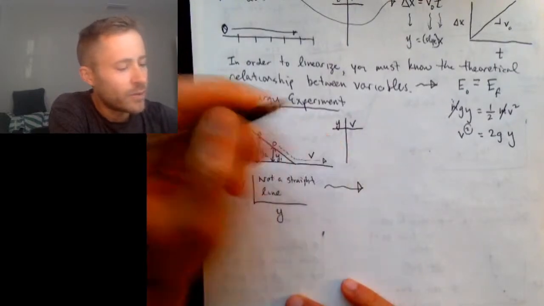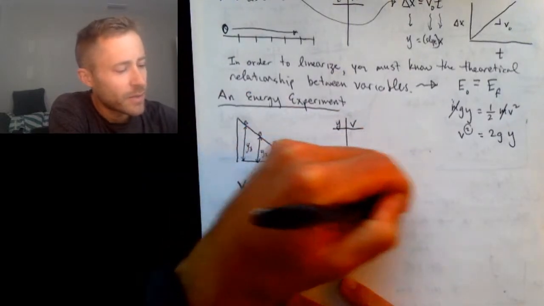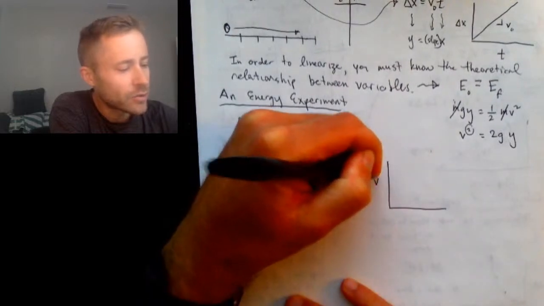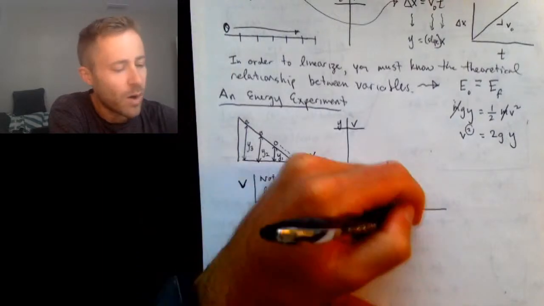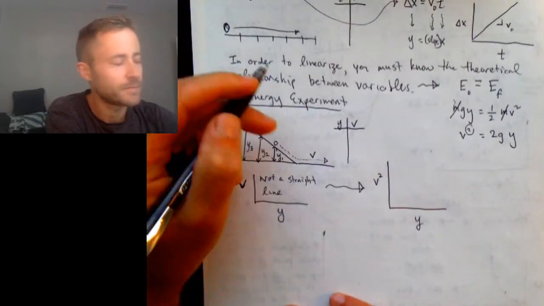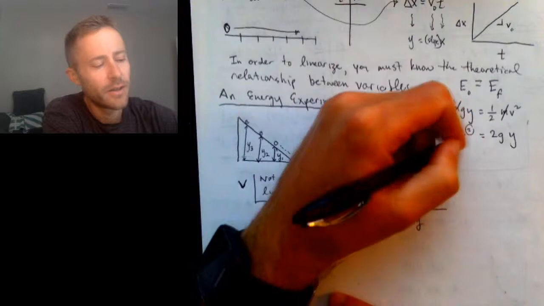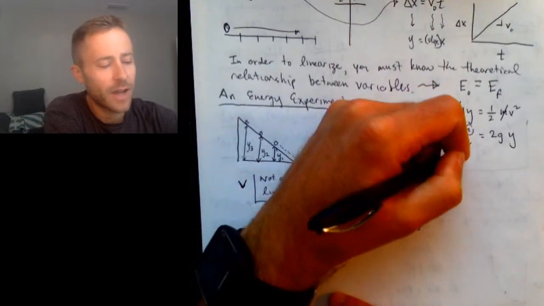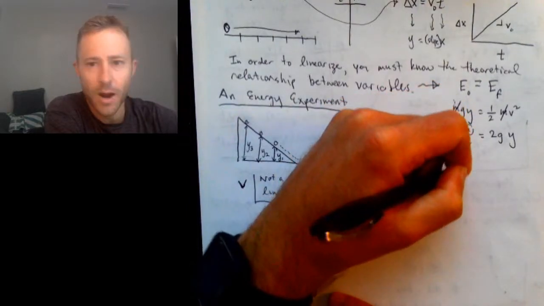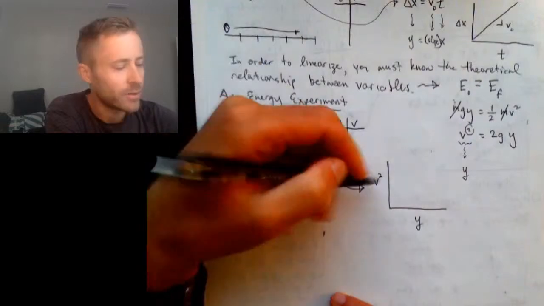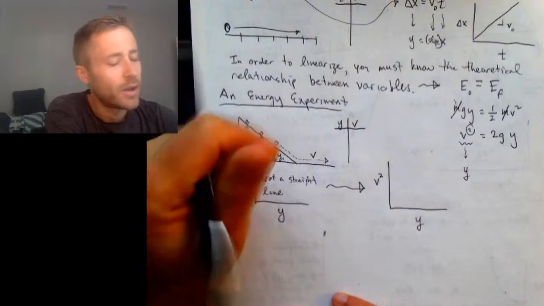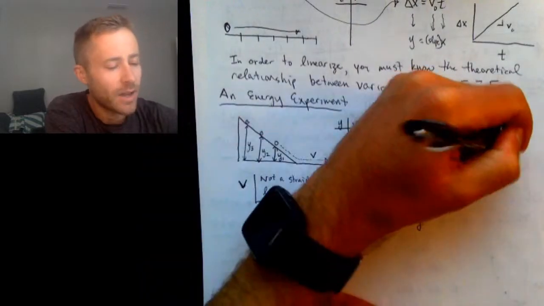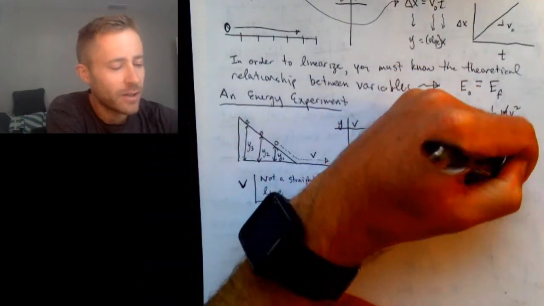Well, what if instead I put v squared on the vertical axis and y on the horizontal axis? So then v squared is acting like y, right? Because the vertical axis variable is usually called y in math class. And then y is acting like x.